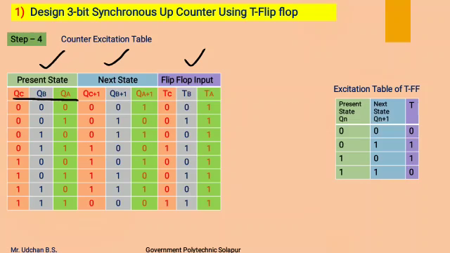The next states of the flip-flops are indicated as QC plus 1, QB plus 1, and QA plus 1, and TC, TB, TA are the T inputs of all the 3 flip-flops.